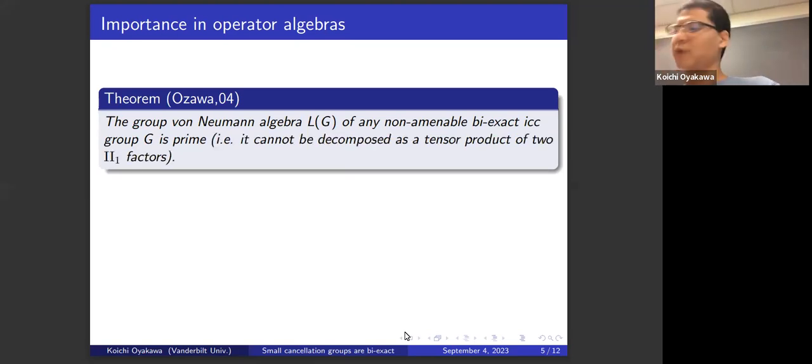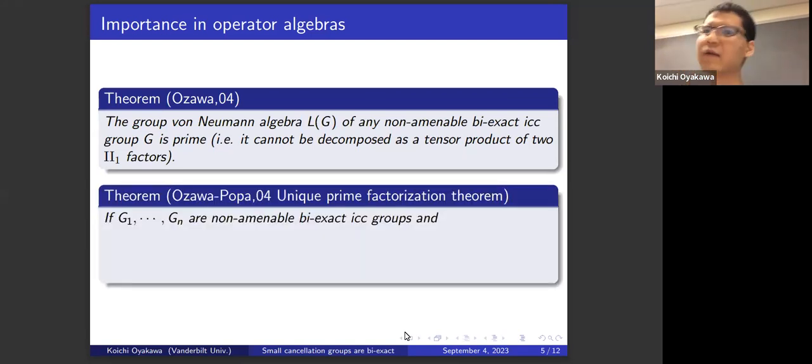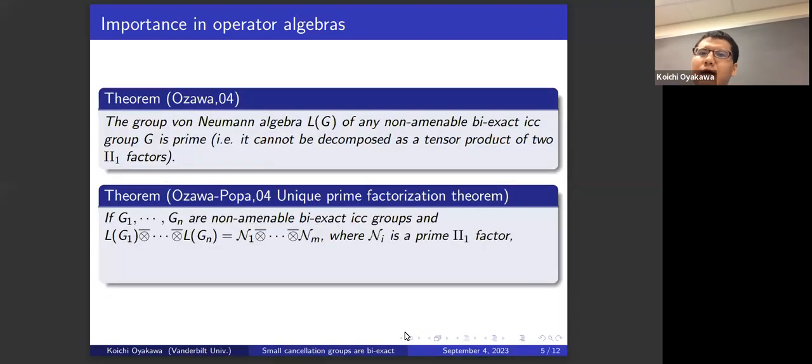But it turns out this property is very nice. And this is another theorem by Ozawa and Popa, and it's called the unique prime factorization theorem. So when we are given finite non-amenable bi-exact ICC groups, and suppose the tensor product of these von Neumann algebras is decomposed in another way as a tensor product of prime II_1 factors, then first of all, the number of these components must coincide.